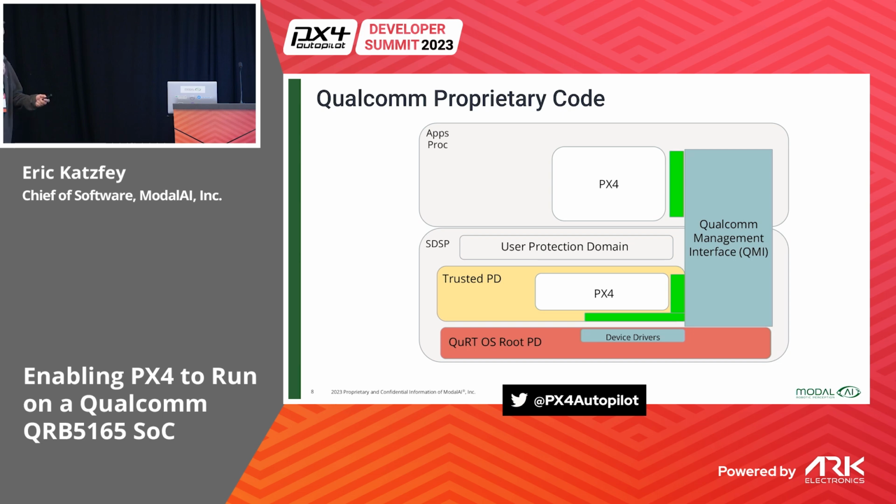So these green boxes here are an abstraction layer that we had to create to separate that proprietary interface and generate something that we're allowed to share and can put into the open source code base. But essentially, hiding behind it is a whole layer of Qualcomm code to manage this interface that sends messages back and forth between those two processors.